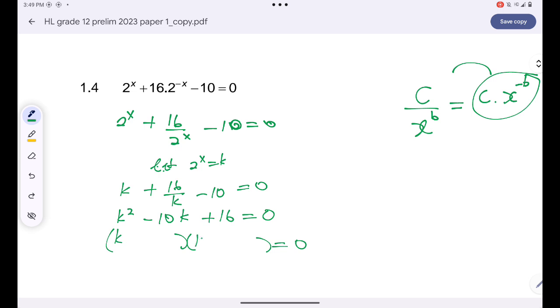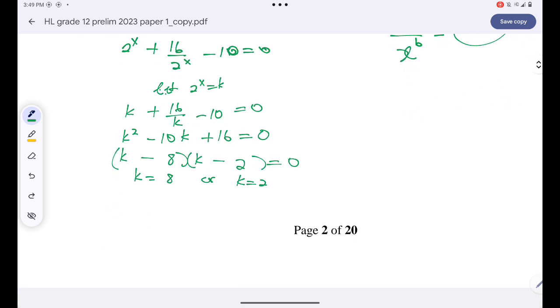And then you can simply factorize over there. We have k, the factors of 16 that when you add will give you 10. That's basically 8 and 2. The sign over there is plus. That simply means your brackets will have the same sign, but not just any sign, the sign of the middle term. So this will be minus and minus, and hence k is equal to 8 or k is equal to 2. But remember, we were not solving for k. k was just a tool to help us reach the solution quickly.